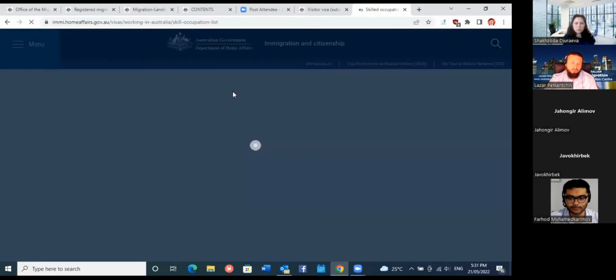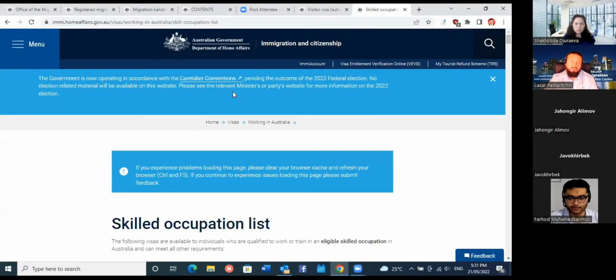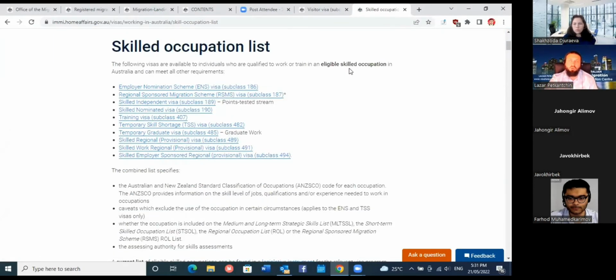There's two main visas in this category. And then you have visas with a work sponsor, right? So if you're sponsored by an employer in Australia, you can also obtain permanent residency. And you also have some regional visas, which require you to work in an area that is less populated.